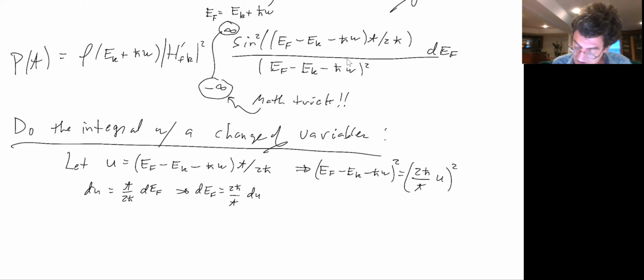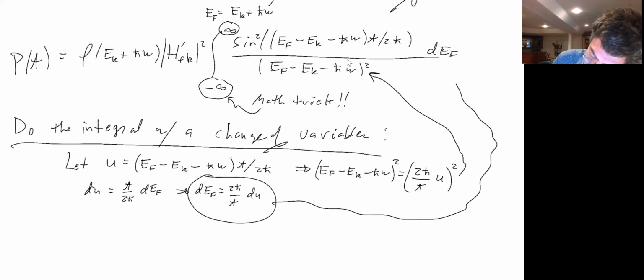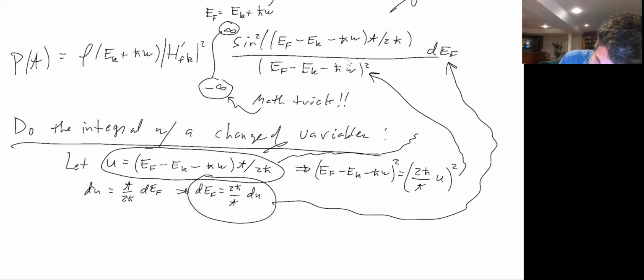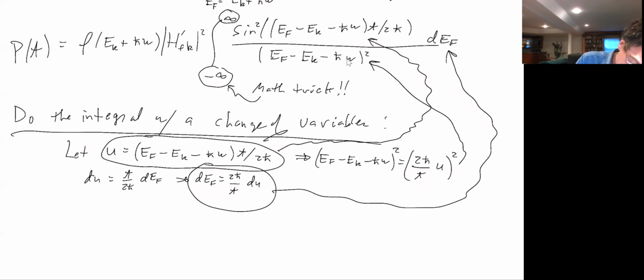So what I can do then is plug this right there, and plug this right there, and plug this right there. And that simplifies my integral. Now my integral becomes a much nicer thing than it was before.